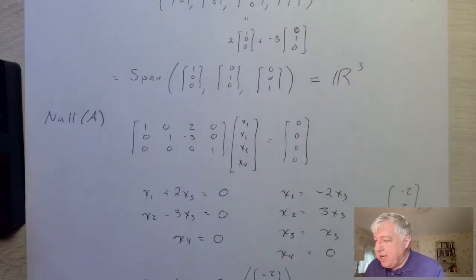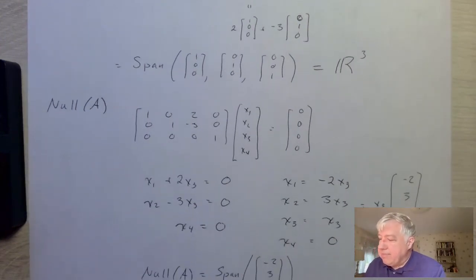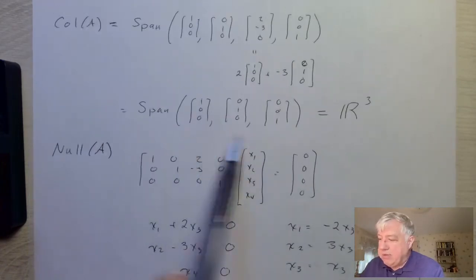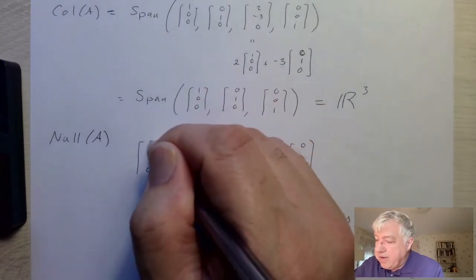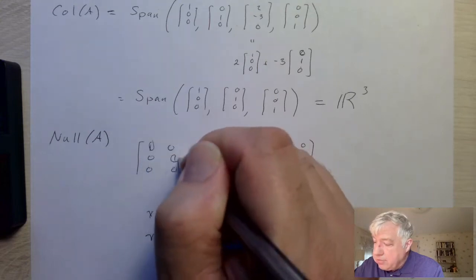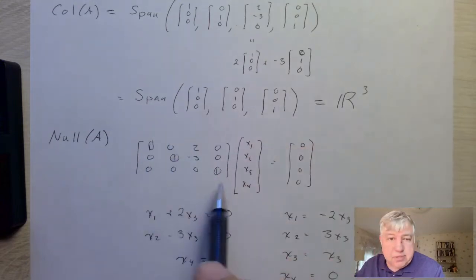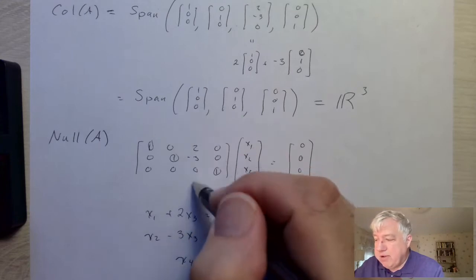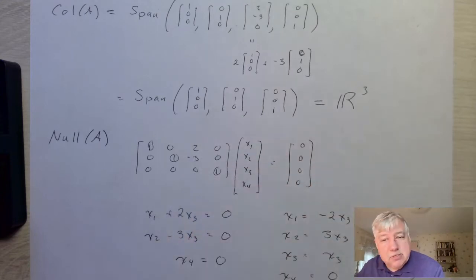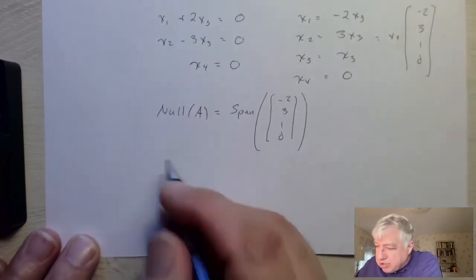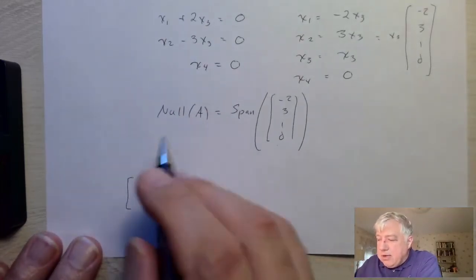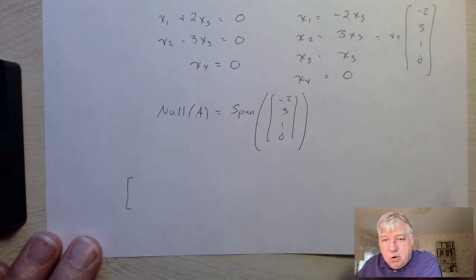Another thing we'll see is that the size of the spanning set of the null space plus the size of the spanning set of the column space equals the total number of columns. That corresponds to the fact that we had 3 pivot columns in this matrix and 1 non-pivot column, which corresponds to the free variable. Essentially what we were doing is solving a homogeneous system.